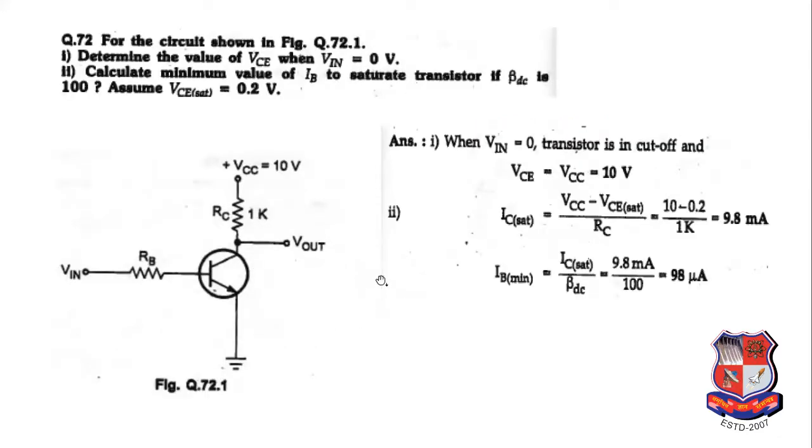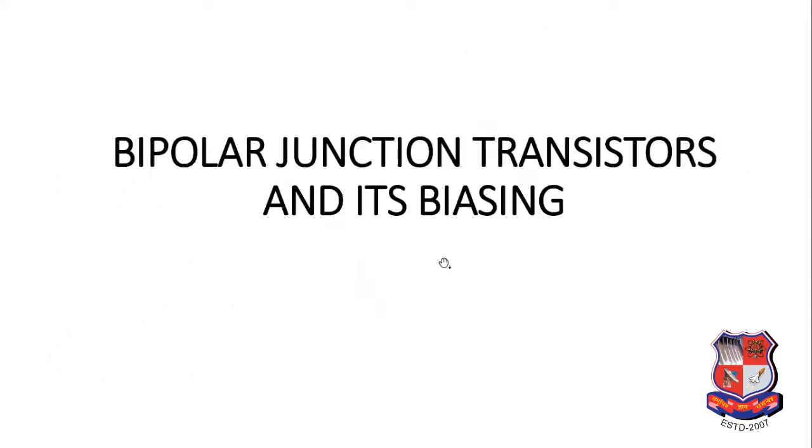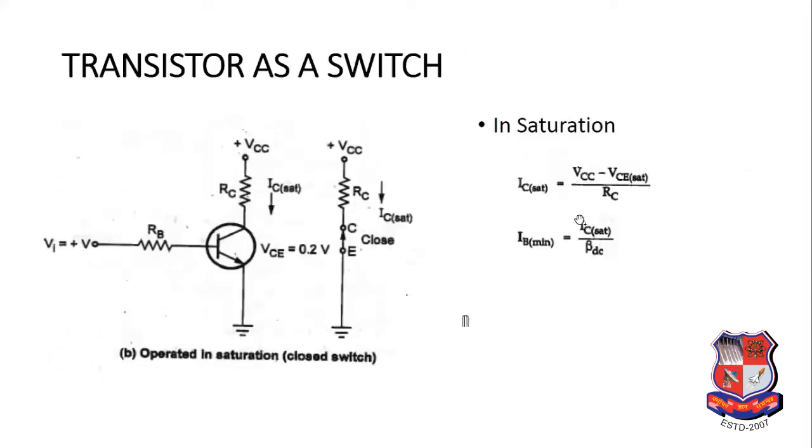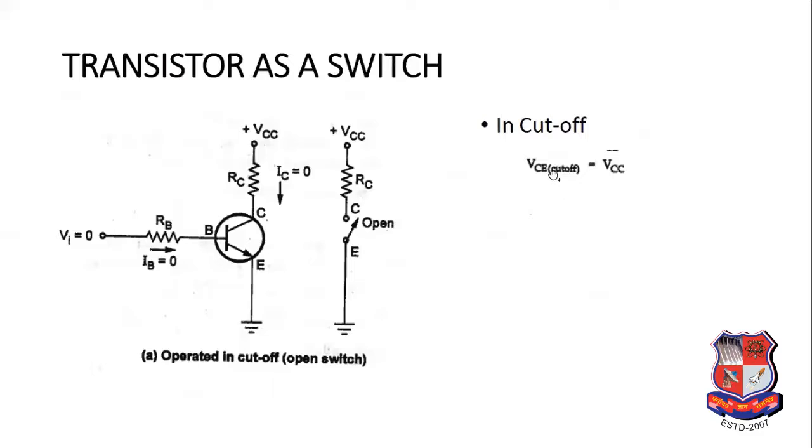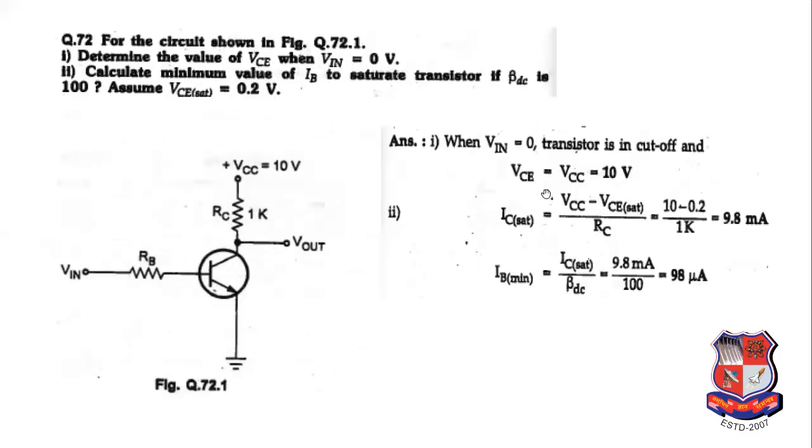Example based on transistor as a switch. We have these three equations. For the circuit shown in the figure, determine the value of VCE when Vin is equal to 0, meaning the transistor is in cutoff and acts as an open switch. So VCE is equal to VCC, which is 10 volt.